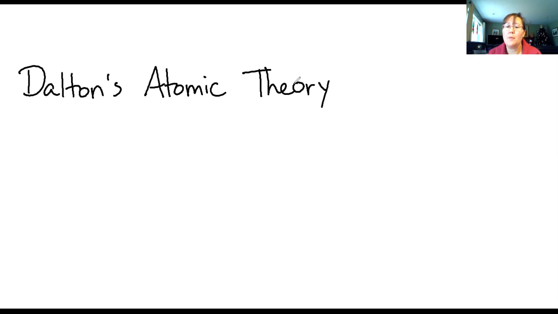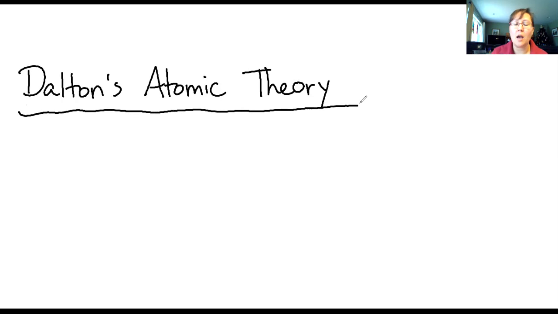I'm not going to go through all the parts of Dalton's atomic theory. You guys can read this and watch the videos and read the annotations on your own. The one thing that I want to point out for Dalton's atomic theory is that out of all the things that we now know are true, there's one big one that's not. One of the things that Dalton's atomic theory said was that all atoms of a given element are identical.